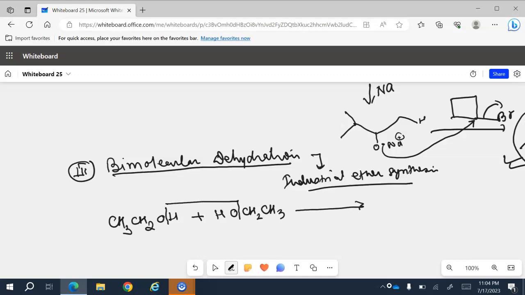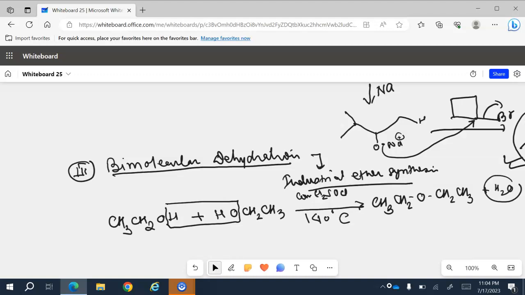In order to do this dehydration, you need concentrated sulfuric acid, and you have to heat around 140°C. Then this dehydration will take place, and you will get diethyl ether plus water as the side product.